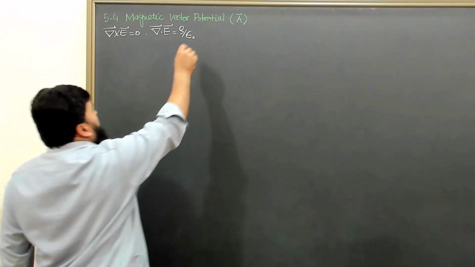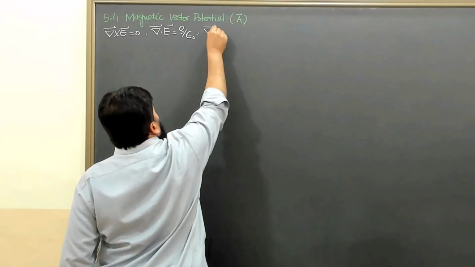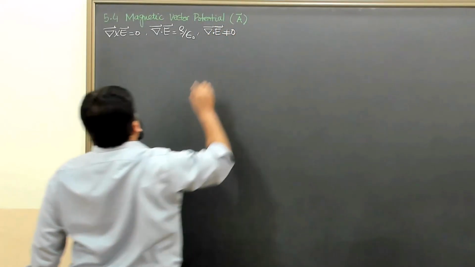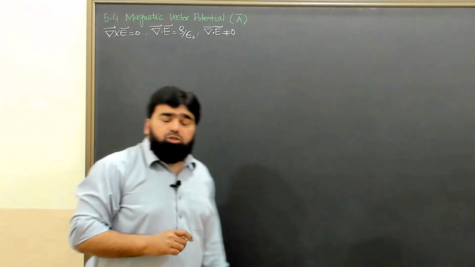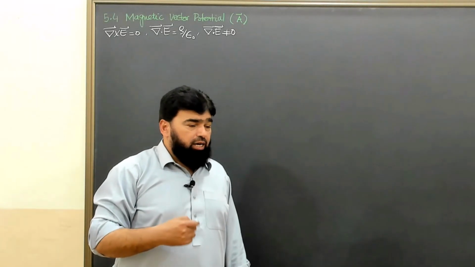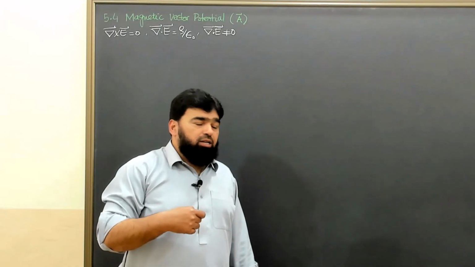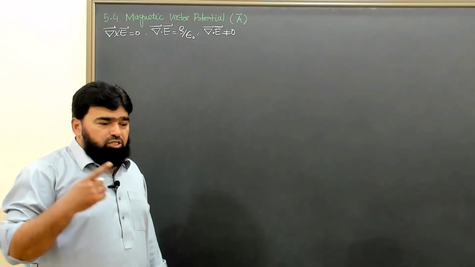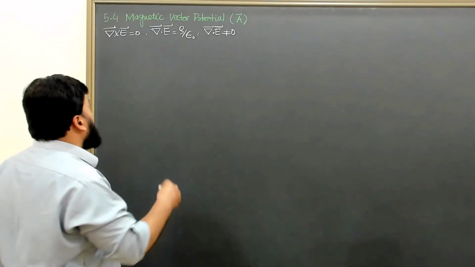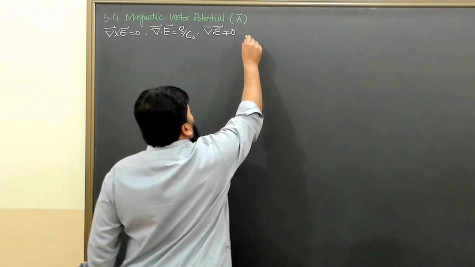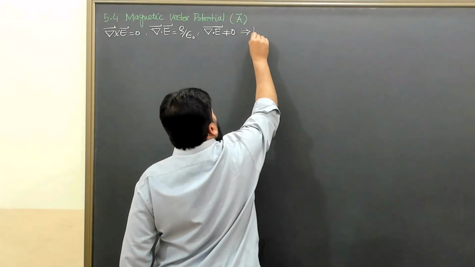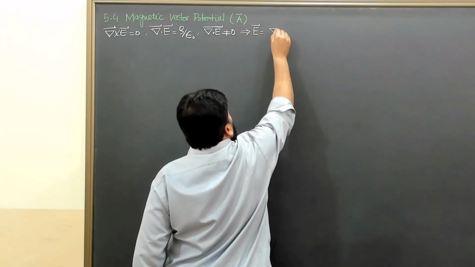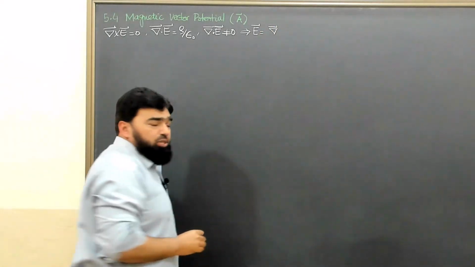So the divergence of E is non-zero, while the curl of E is equal to 0. It compels us to think that the electric field is the result of something going in a straight line. So we say that this implies the electric field is the result of the gradient of something.